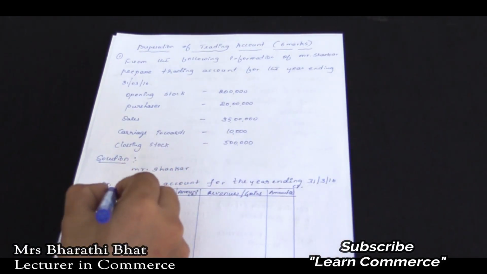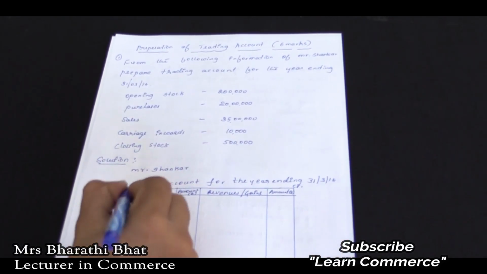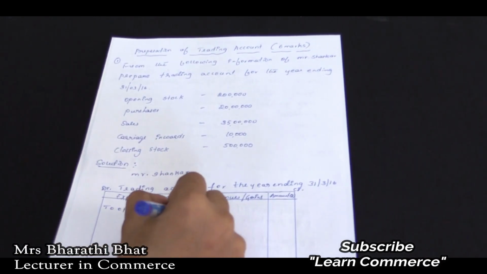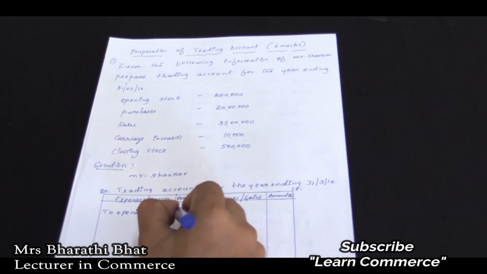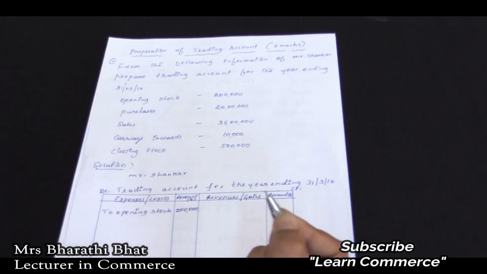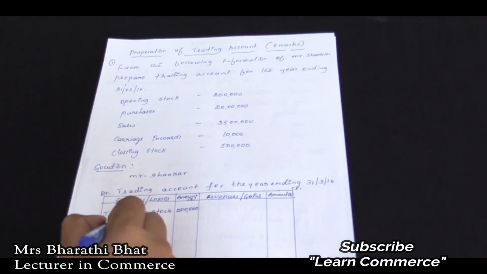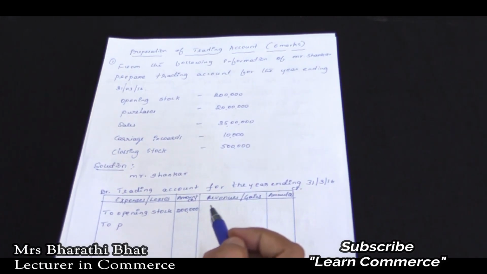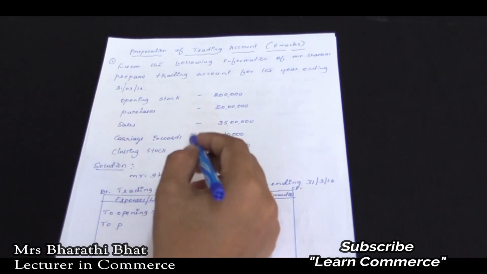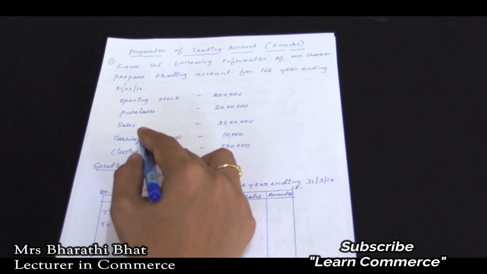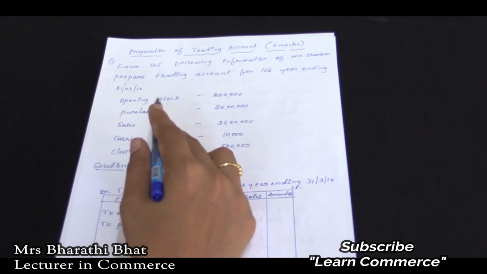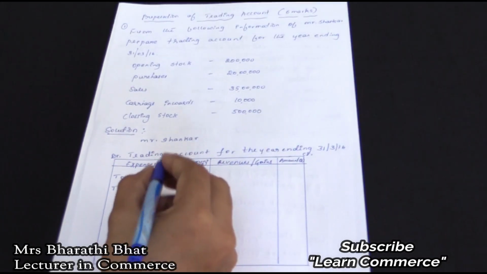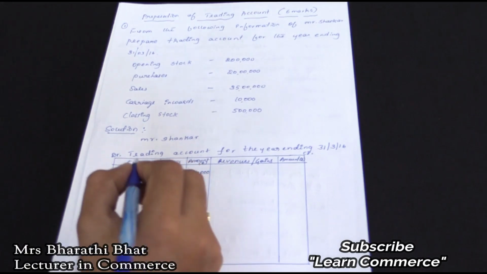Let's start. First one, to opening stock. To opening stock, how much? 2 lakh. Next one, to purchases. Before that you should check whether return is given or not. Is there any return here? No returns, neither for purchase nor for sales, so you can directly write the amount in amount column.